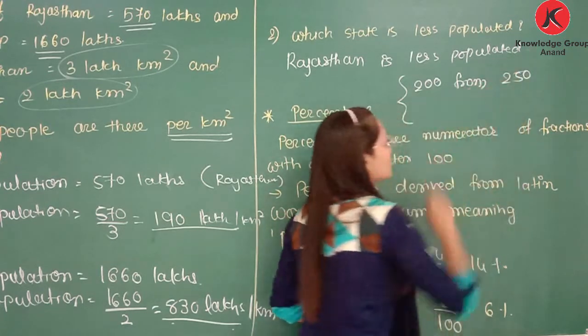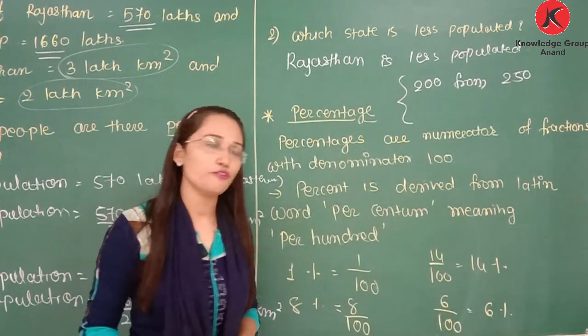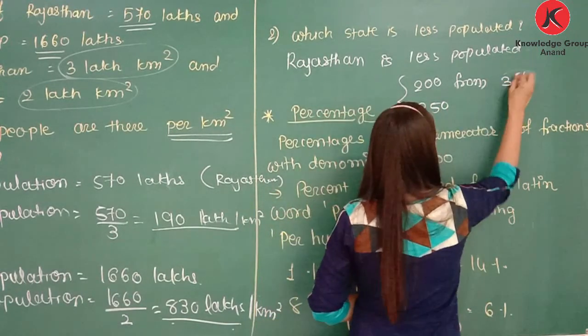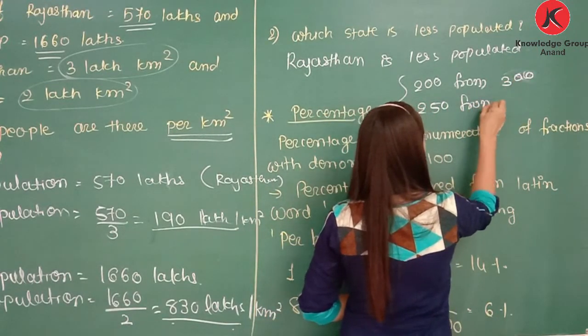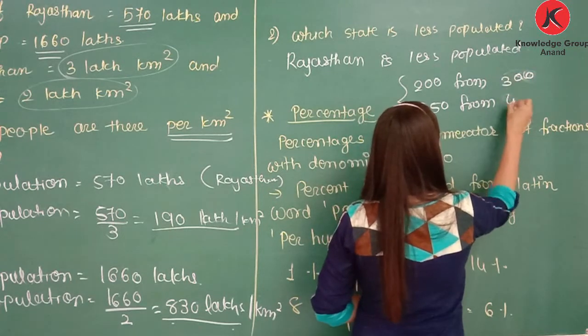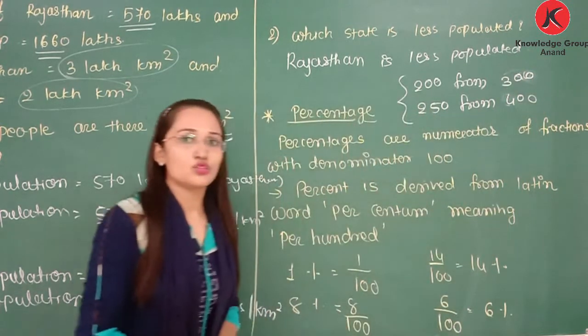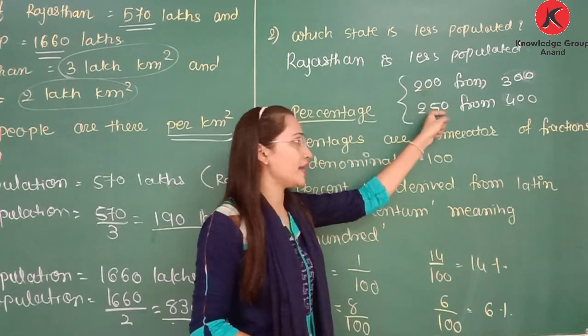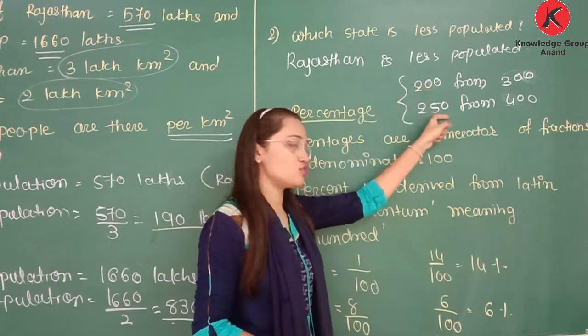Now we are understanding about the percentage. And your friend got 300 from 400. So if we only look at 200 and 300, this is your marks and this is your friend's marks.